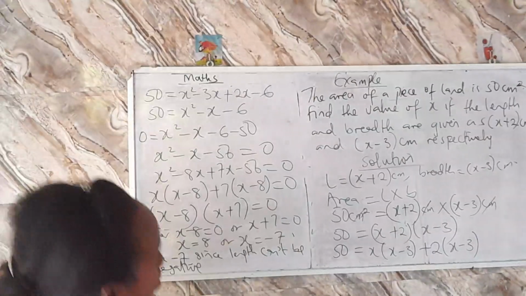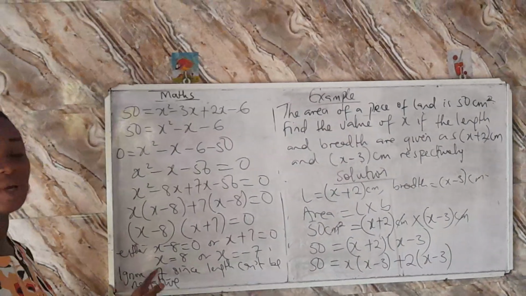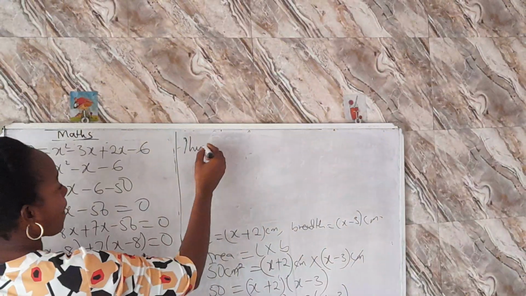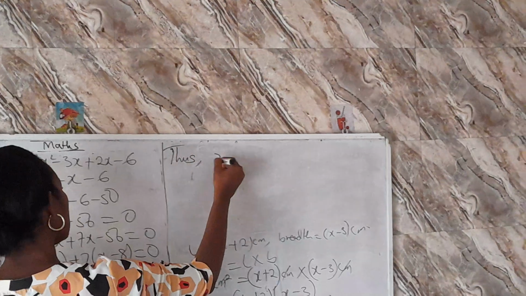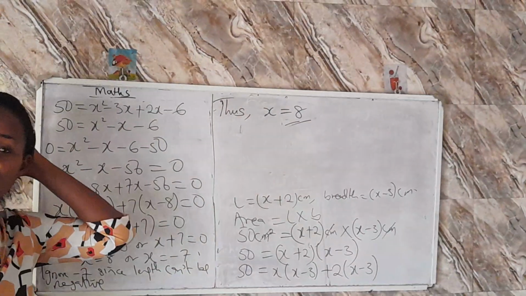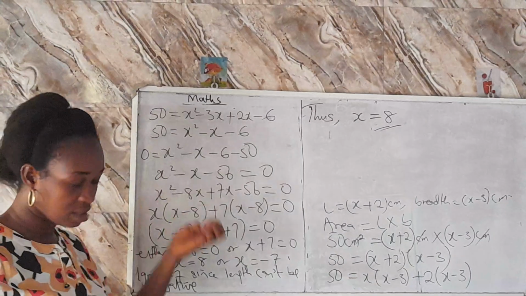So the value of x we are looking for is 8. Thus, we have that x is equal to 8. So the value of x we are asked to find is equal to 8.